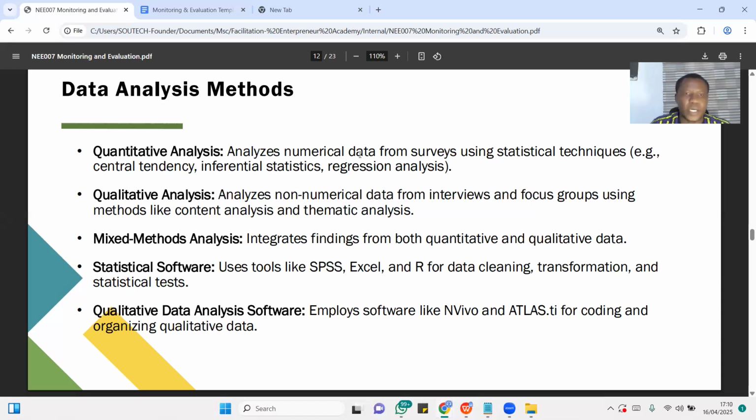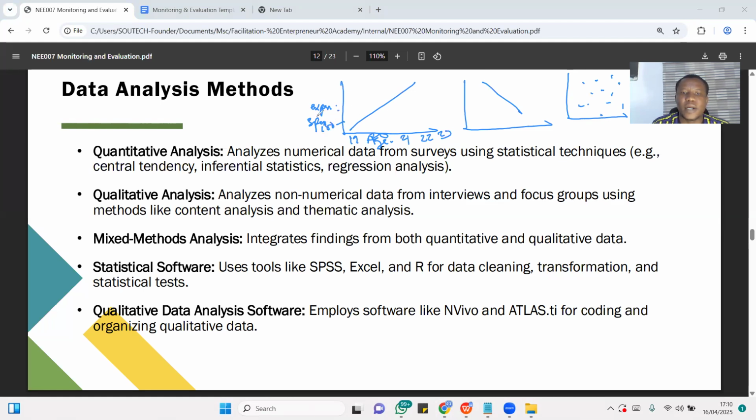Regression. So your graph is going to look like something like this for a relationship. So it's going to look like this, or it's going to look like this, right? So if you have, let's say, age and monthly spend, if it goes like this, that means for age 19, 20, 21, 22, 23, this is, let's say, 10,000 naira, 20,000 naira, 50,000 naira, 1 million.